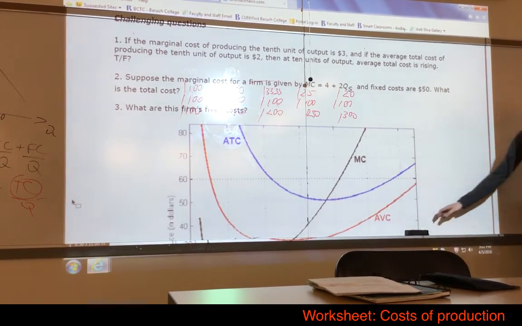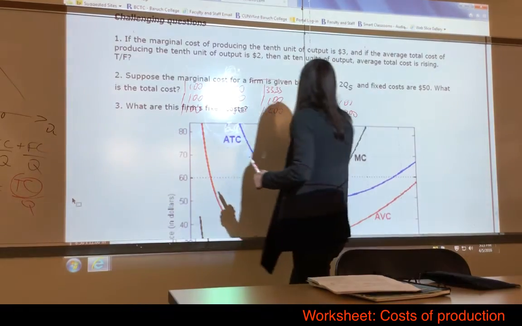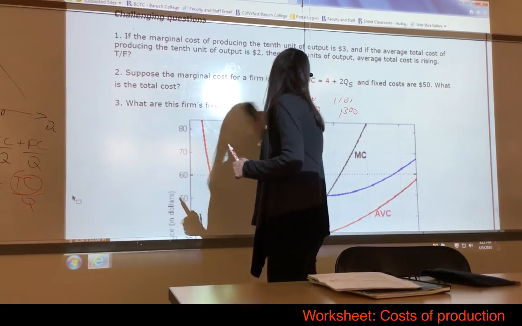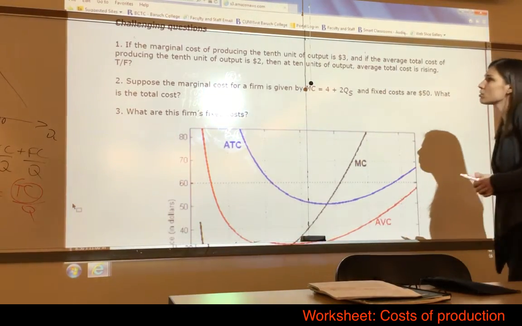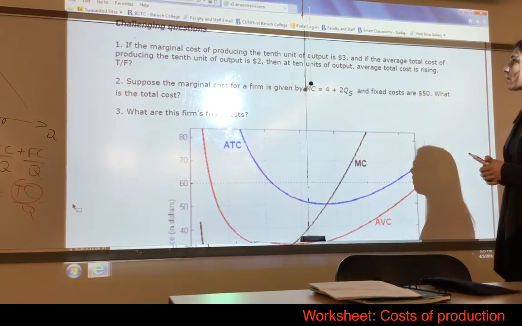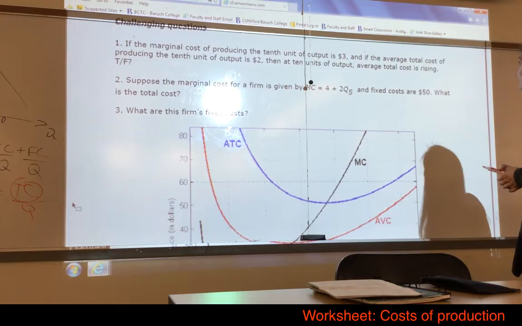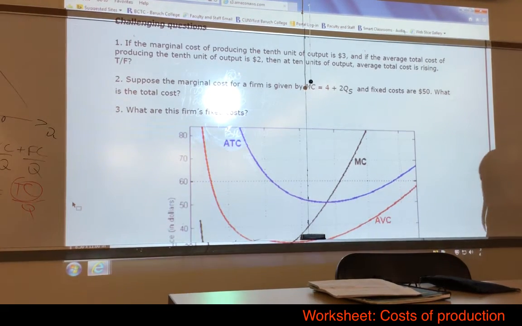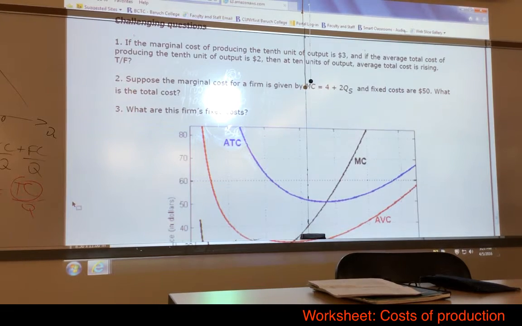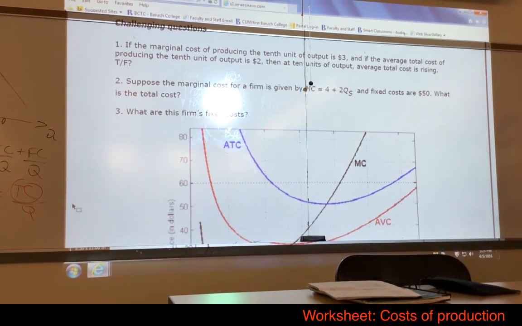Alright, so we have a couple of questions. If the marginal cost of producing the 10th unit of output is 3, and if the average total cost of that 10th unit of output is 2, then at 10 units of output, average total cost is rising.